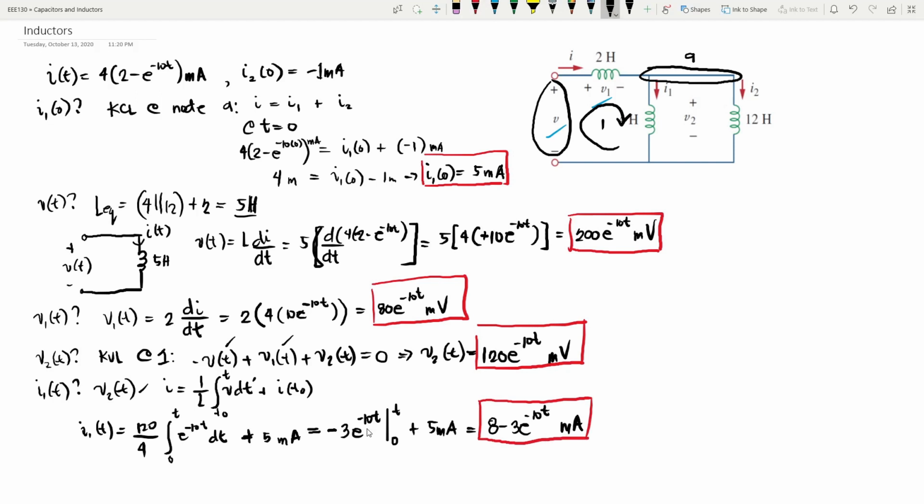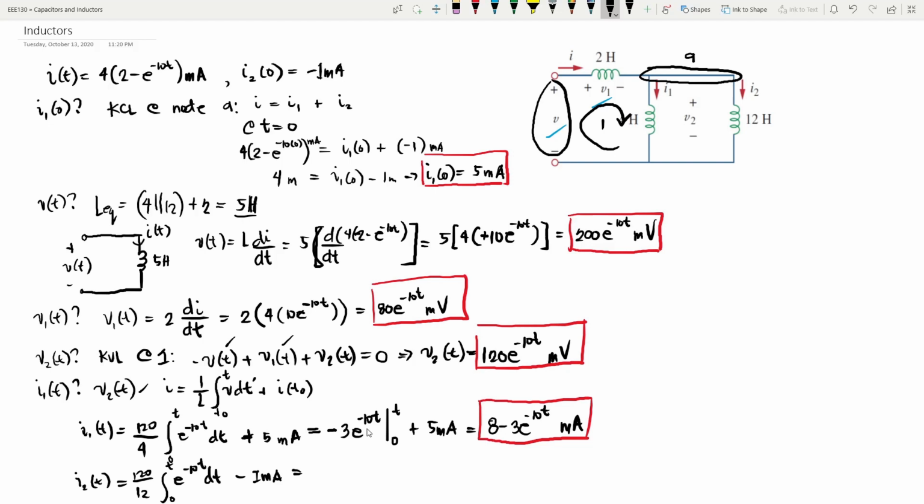So similarly, we can get I2 of t using the same process. We have 120 over 12, we have e to the negative 10t evaluated from 0 to t. And the initial value of I2 is negative 1 milliampere.